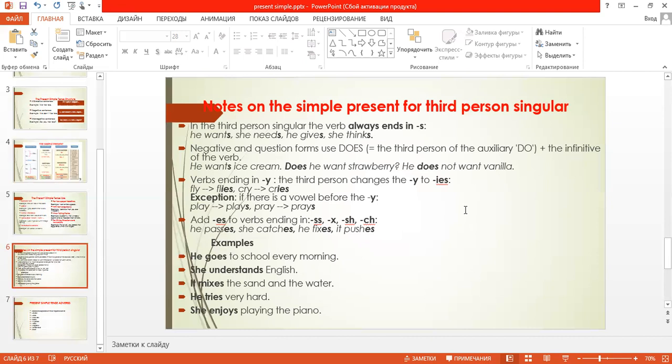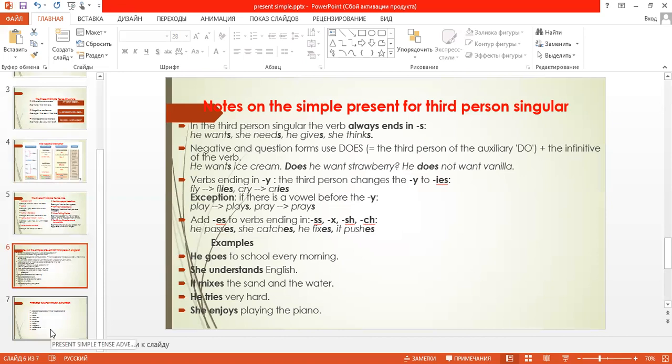Now let's have a look at examples. He goes to school every morning. Here we're speaking about habit. He understands English. It mixes the sand with the water. He tries very hard. She enjoys playing the piano.